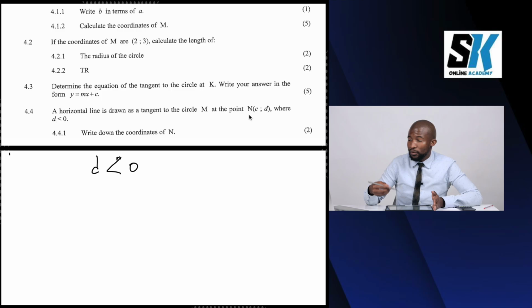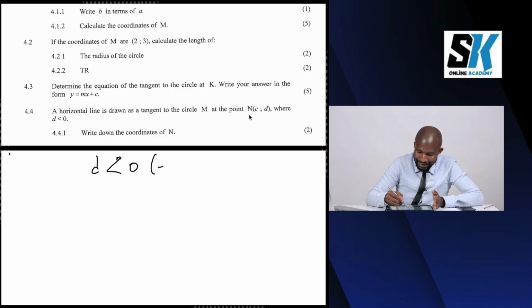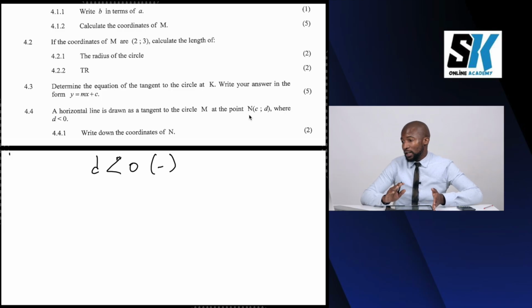When they say a value must be less than 0, they imply that the value must be negative. So D has to be a negative value.